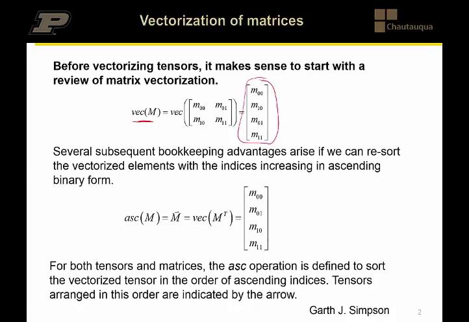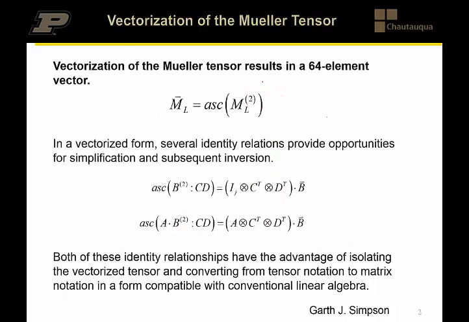Turns out when you get to tensors, it does start to be a bit interesting, in that you don't necessarily know which particular elements should go in which order unless there's some pre-established convention. So we're going to build that convention using an ascending vectorization format, and that's indicated by the arrow over the tensor. In the ascending vector format, the tensor elements always increase in binary form.